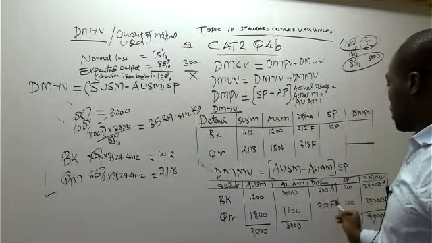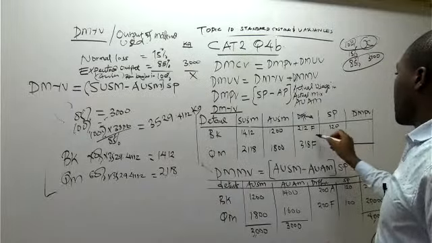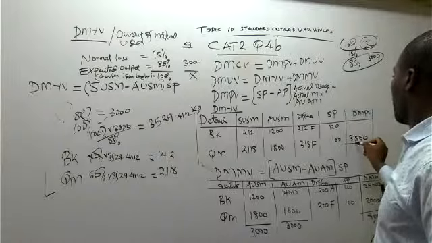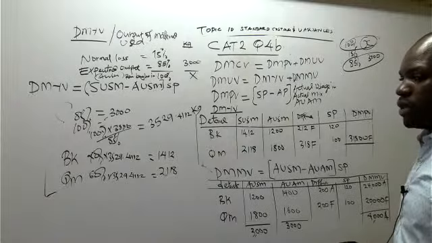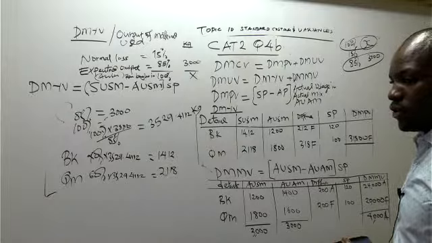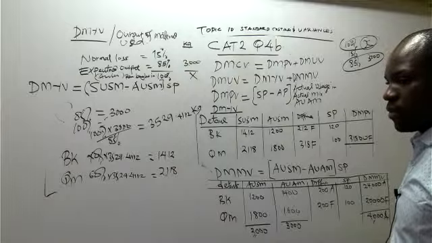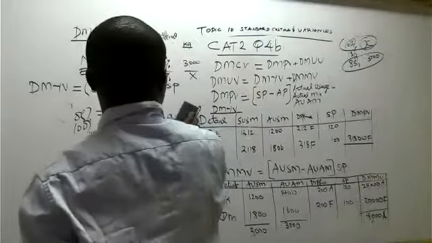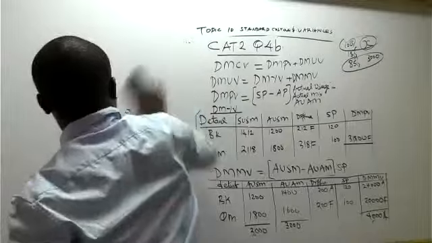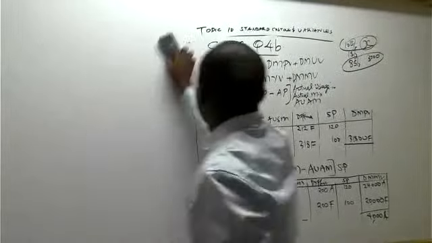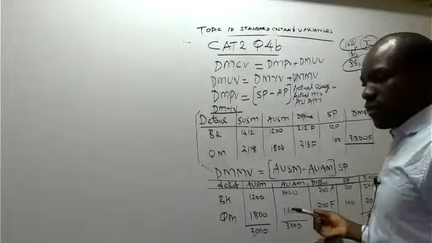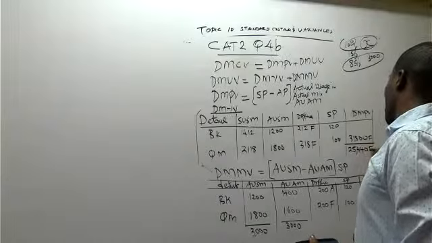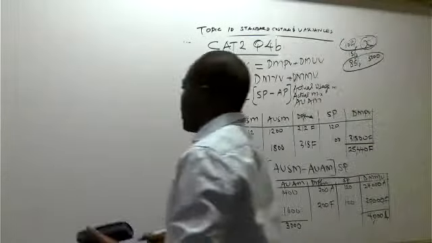Standard price is 120 and 100. 212 by 120 will be how much? Somebody. How much will it be? 25 for 40. Favorable. Good. You've done everything there.